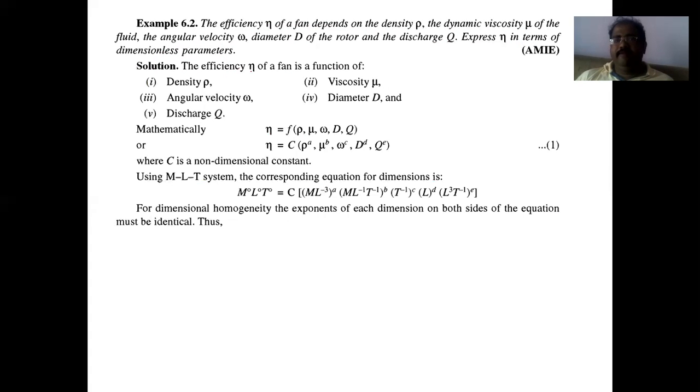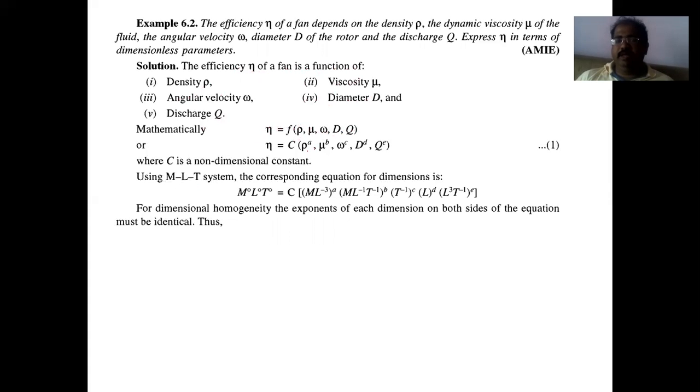So we write the basic equation: eta is a function of rho, mu, omega, D, and Q.